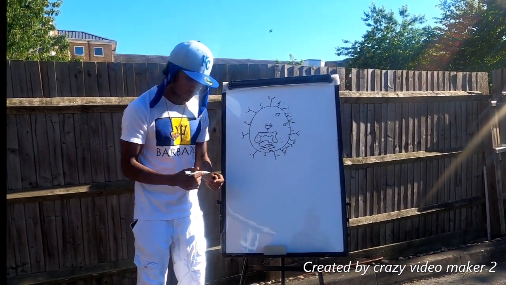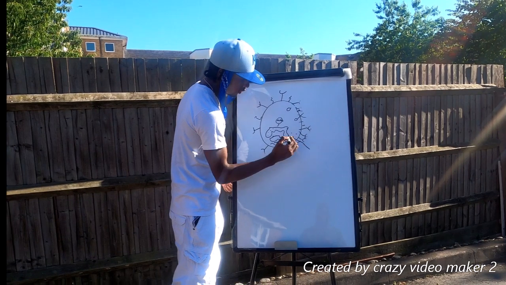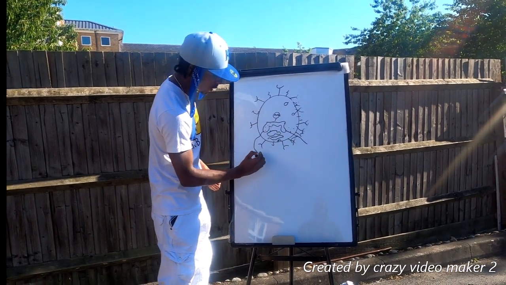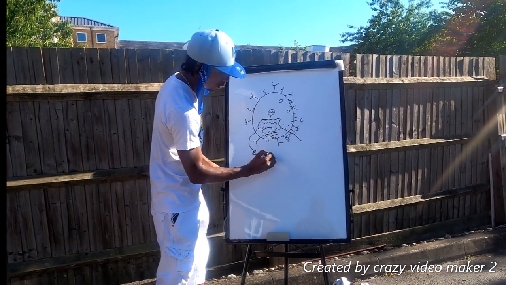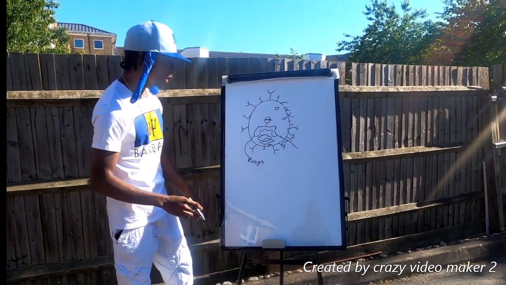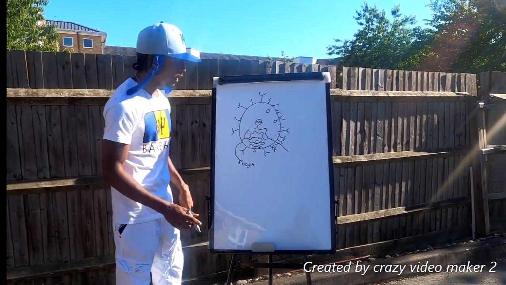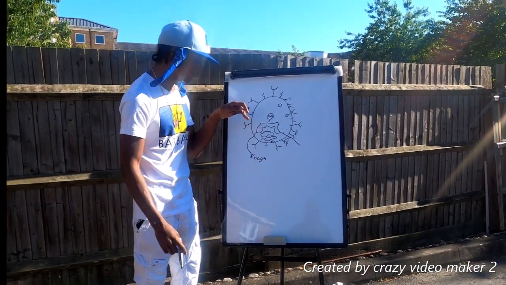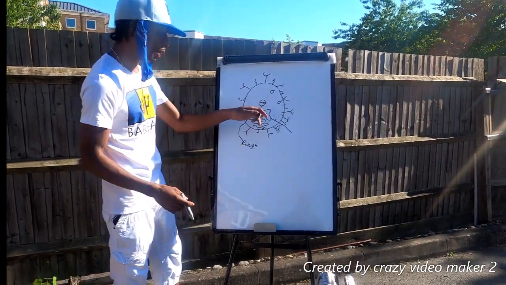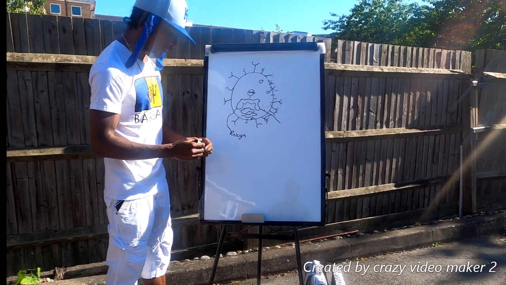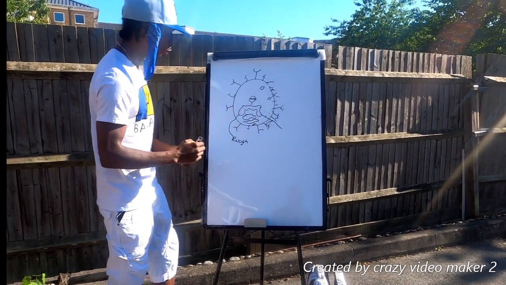In the endoplasmic reticulum, you have the smooth part and the rough part. The rough part has the ribosomes, the smooth part doesn't. So the rough part is responsible for making proteins. As I mentioned before, the ribosome is an organelle that makes proteins.